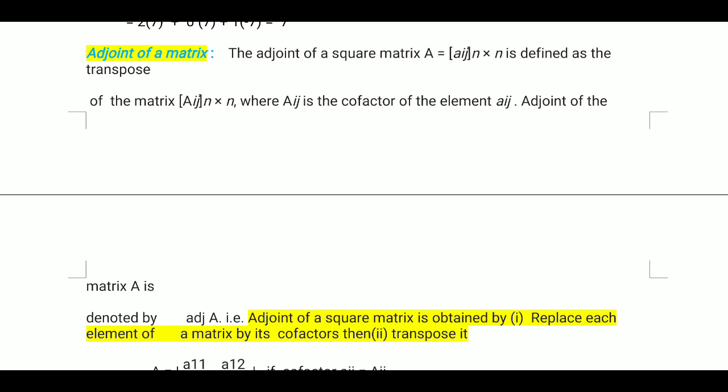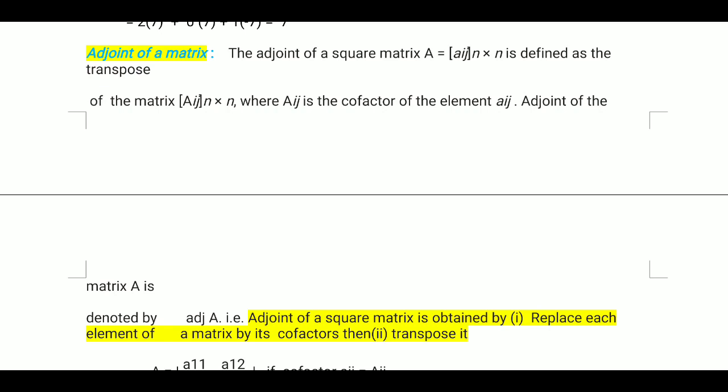Each cofactor is obtained from our method, and we replace the elements by their cofactors, which means we get a new determinant where the elements are replaced by their cofactors. After that we transpose the obtained matrix, and we get the adjoint of the matrix.